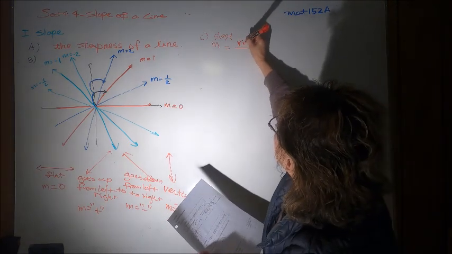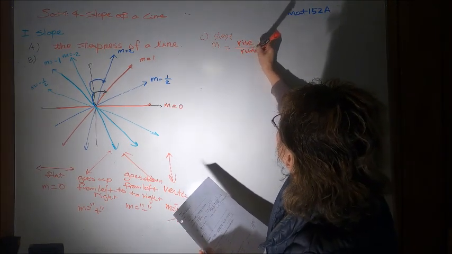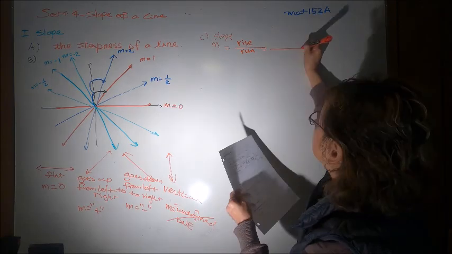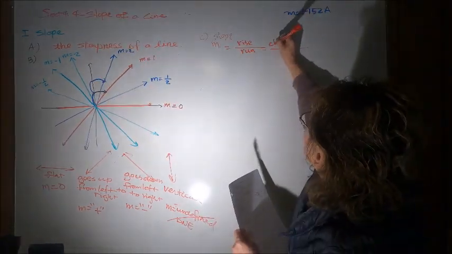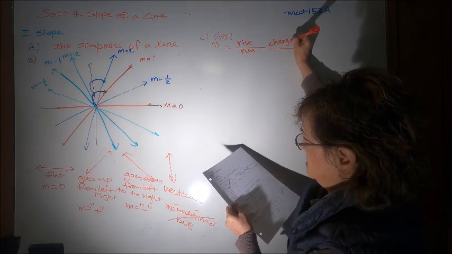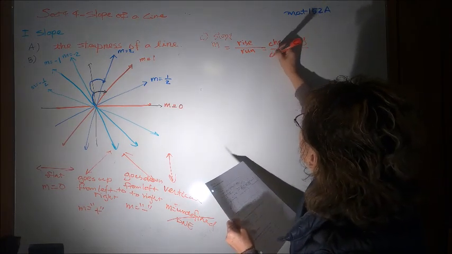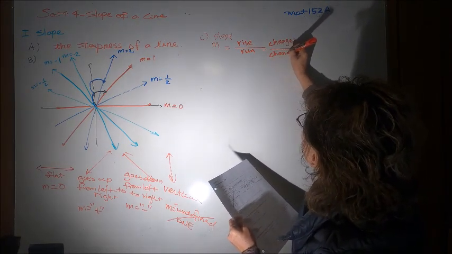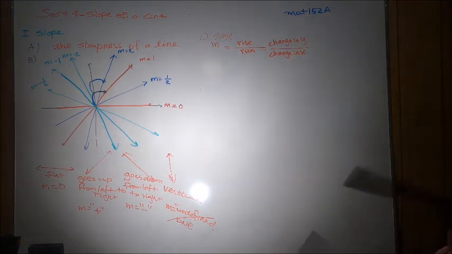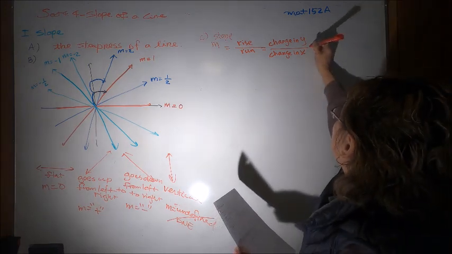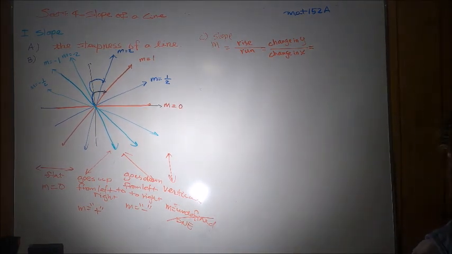So we say slope is rise over run. It's the same thing. When you rise, it means the change in y compared to the change in x. Okay?